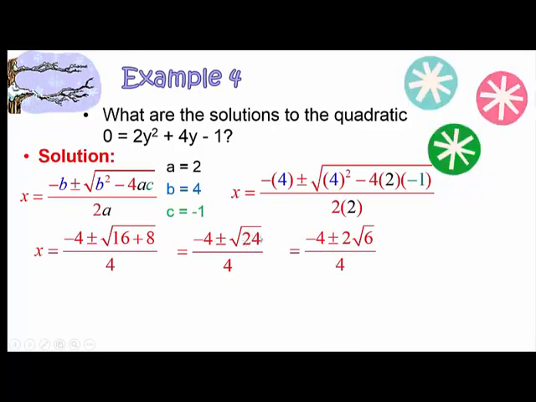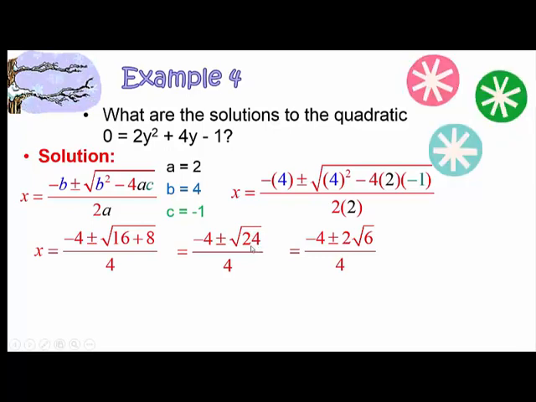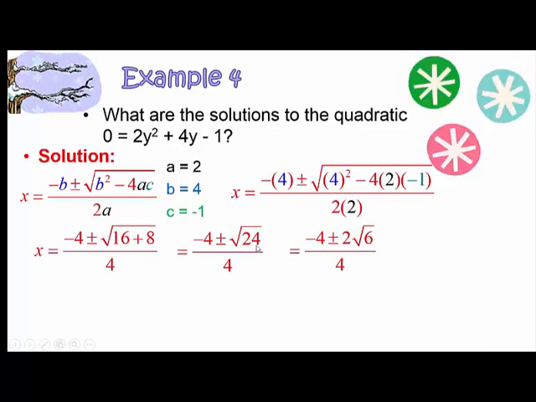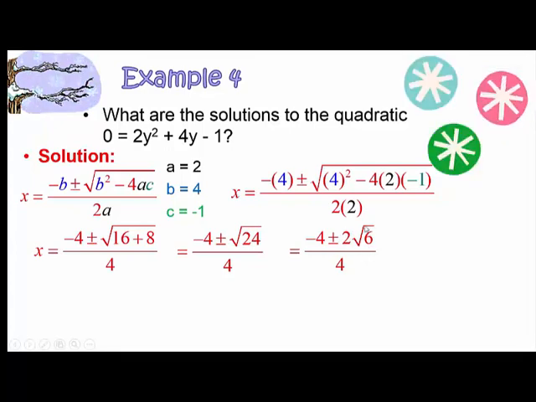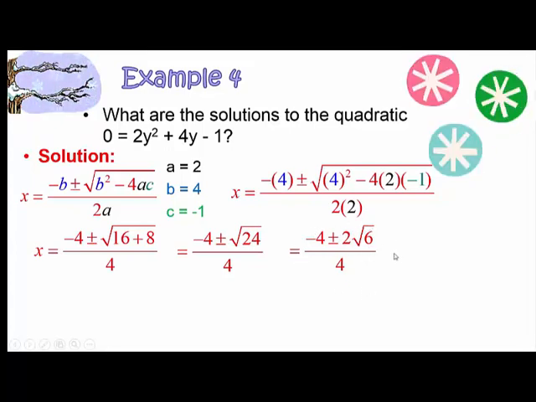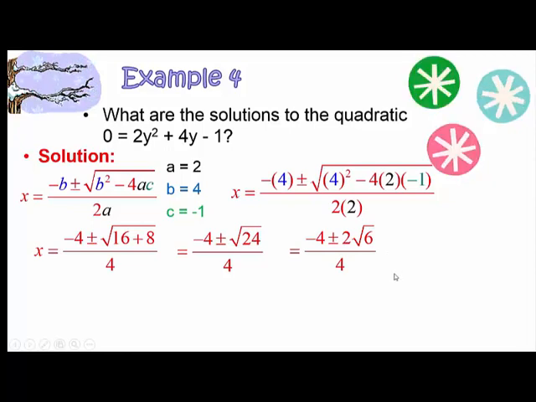Reduce. Here we're going to reduce because 24 is 4 times 6, so that means we can pull out a 2 and get the square root of 6. Remember, it's important, if you can, simplify the radical.